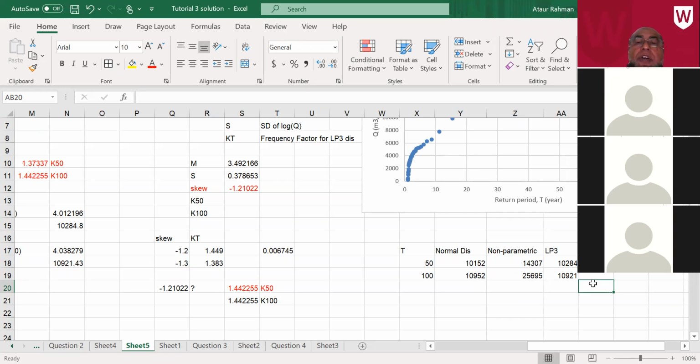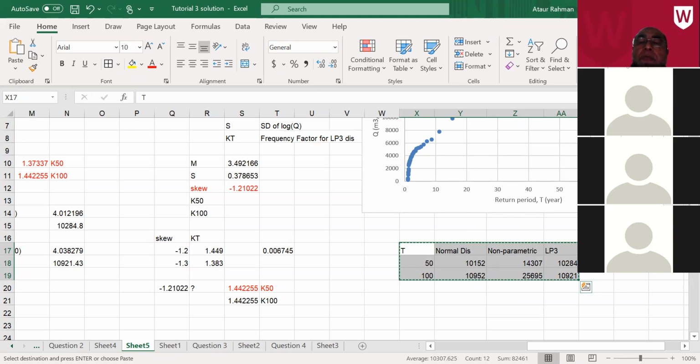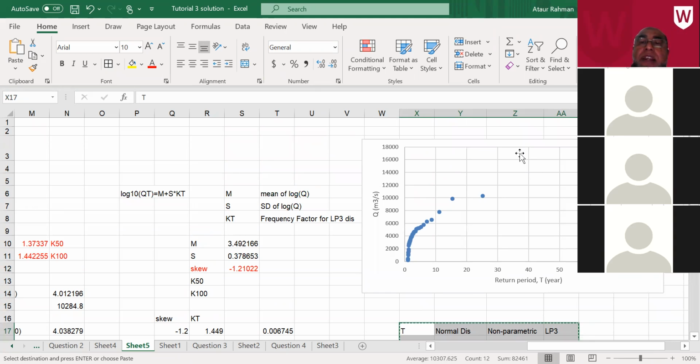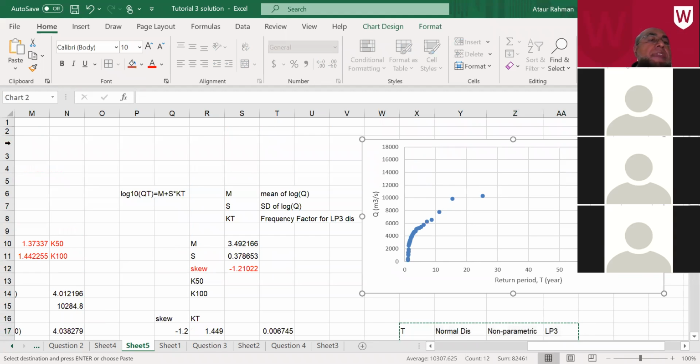Okay, so these are the estimated quantiles we got. Now we want to superimpose this on this plot, which is the tricky part. If you don't know it, it's not easy to do. I learned it from my supervisor. So select the data and say Control C. So I have copied the data and then I select the graph. And then I go here, paste special.